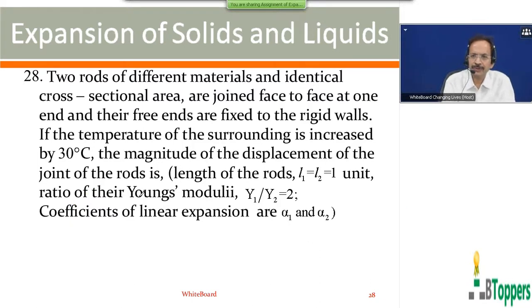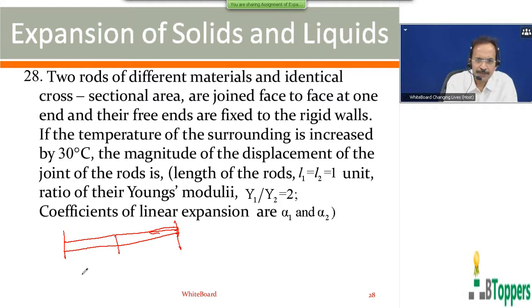So I am going to use this conclusion directly. Suppose you have two rods of same area of cross section, same length L, joined face to face, and the combination is fixed between two rigid walls. One end of each rod is fixed to a rigid wall.